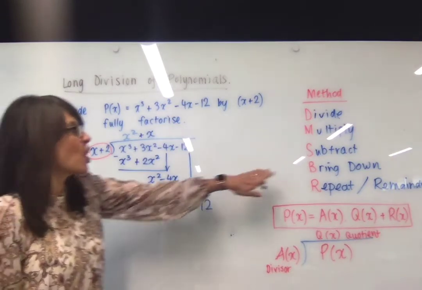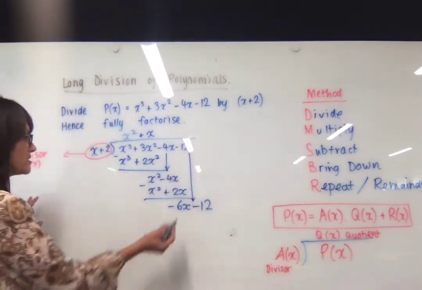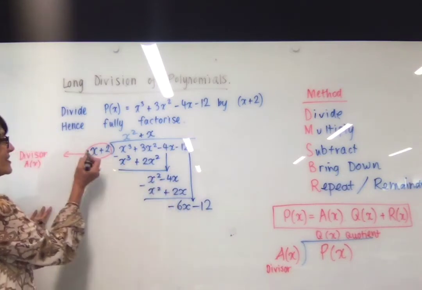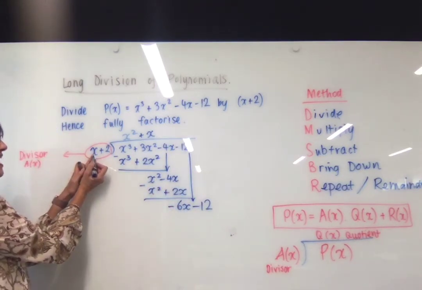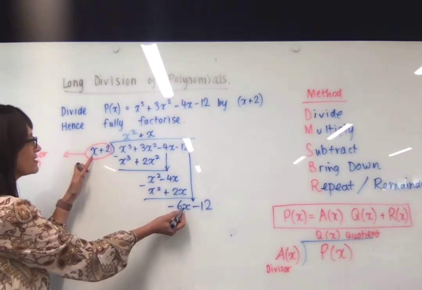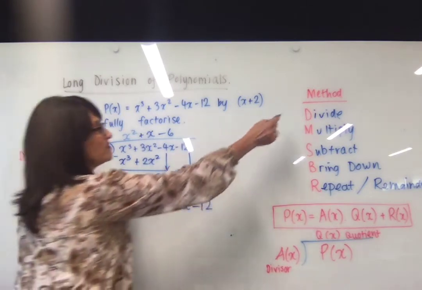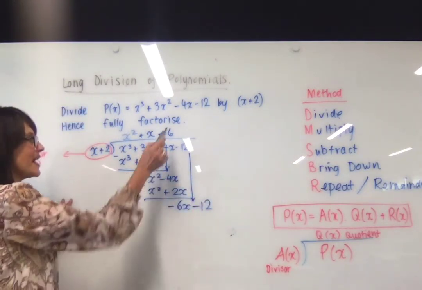Okay, again, repeat the process. Go back to the top and divide. Negative 6x divided by x. How many times does this x go into negative 6x? And it goes in negative 6 times. So now we've divided. Let's multiply next.